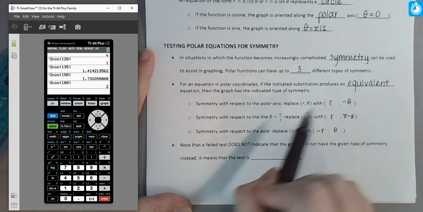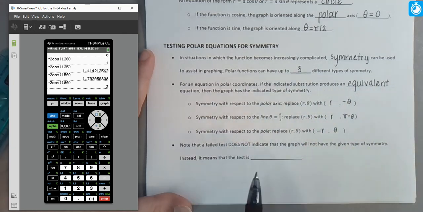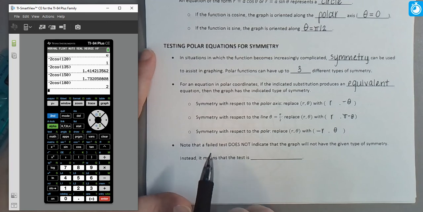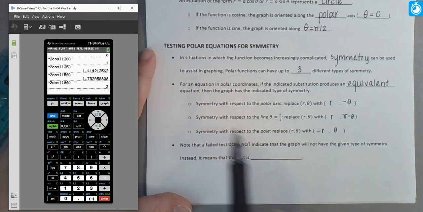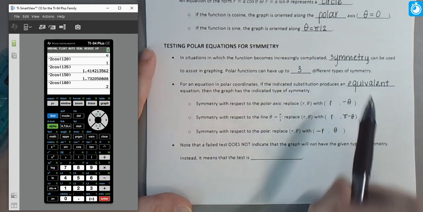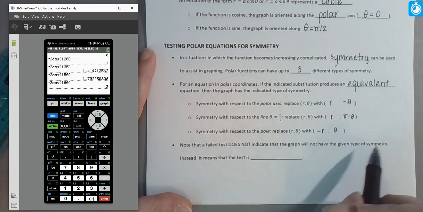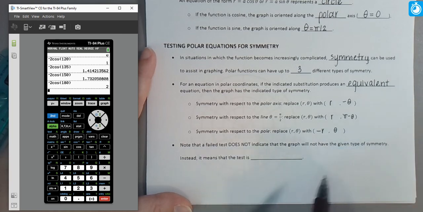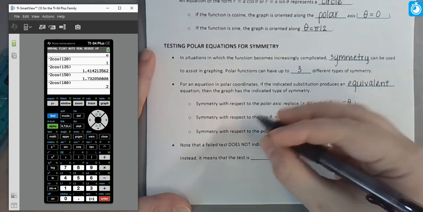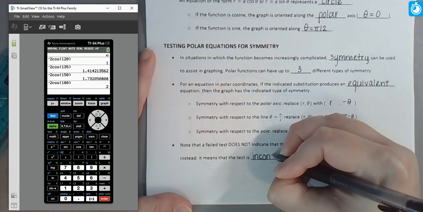When we pass a test, if we can produce an equivalent equation, that means we have that particular type of symmetry. But a failed test, in other words, we plug in whatever we need to plug in, and we can't generate an equivalent equation, that does not indicate that our graph doesn't have that type of symmetry. Instead, what it means is that the test is inconclusive.